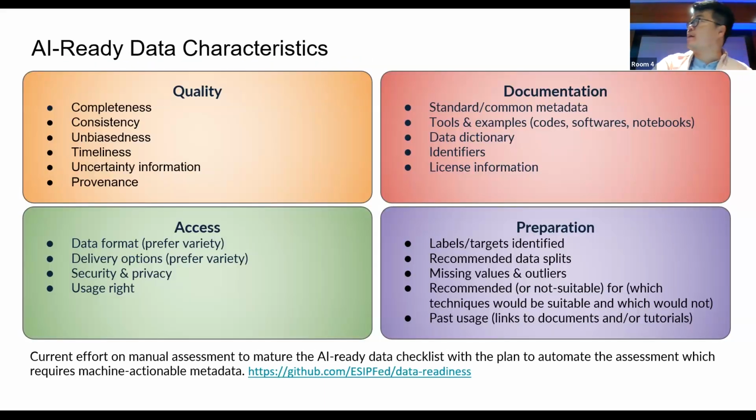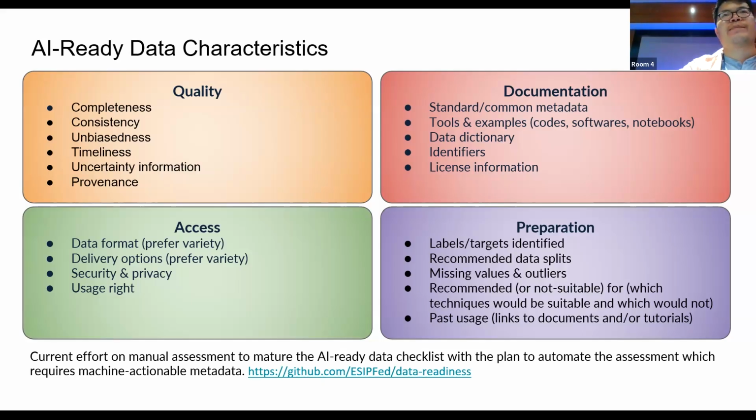For the AI-ready data characteristics, setting the baseline, quality describes different scientific qualities of the data set, including completeness, consistency, bias and unbiasedness, timeliness, uncertainty information, provenance, and other related qualities. For documentation, that includes standard and common metadata, tools, examples, and how the data can be used.